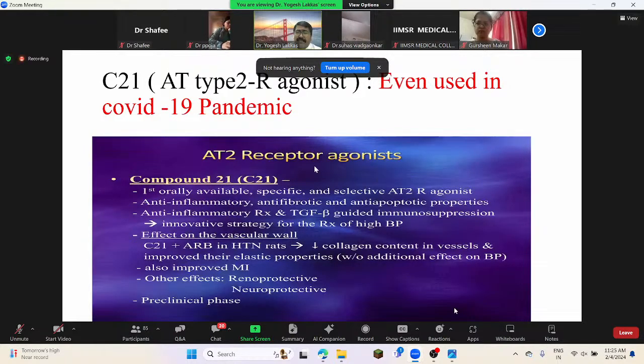Type 2 receptor agonists: this is the type 2 receptor which has a favorable or vasodilatory effect that can be helpful in hypertension or in heart failure. This compound, C21, as we have seen in the COVID pandemic, when fibrosis and proliferative effects were there, was even used in a few trials during the pandemic.